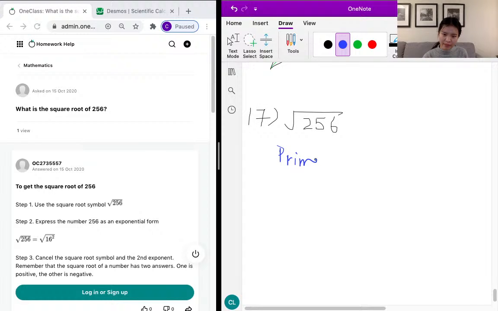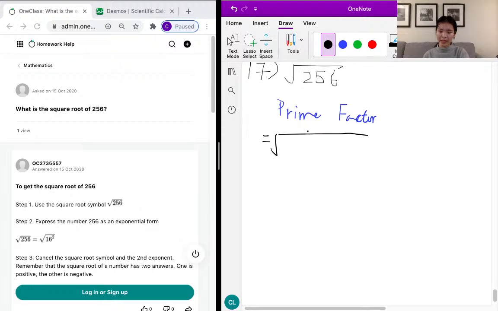Prime factorization basically writes a number as a product of factors, and all its factors are prime. So you write the number as a lot of smaller numbers multiplied together, and those small numbers are all prime, and they're all factors of this larger number. So this is how prime factorizations work.